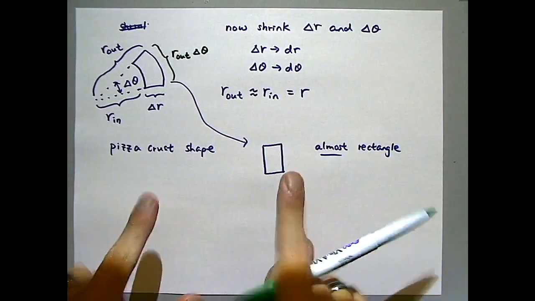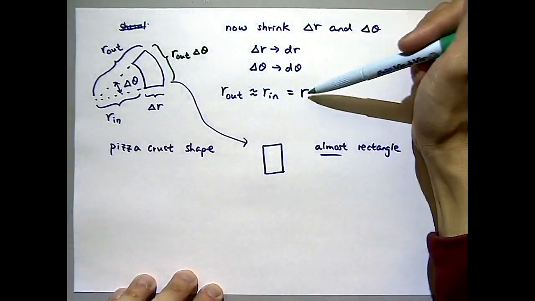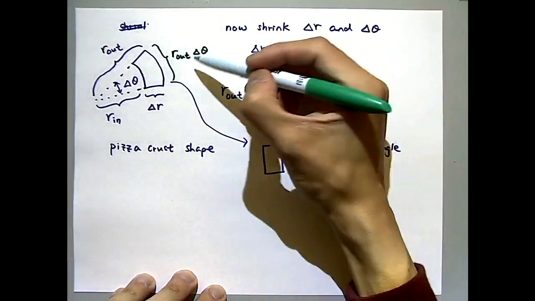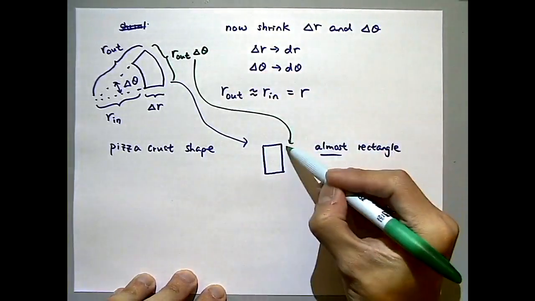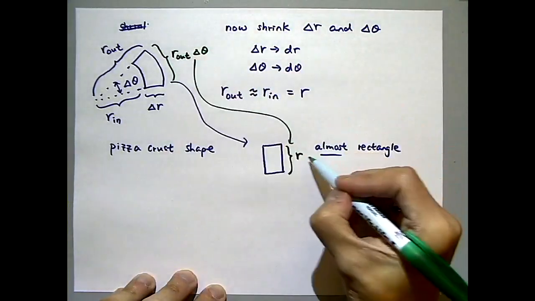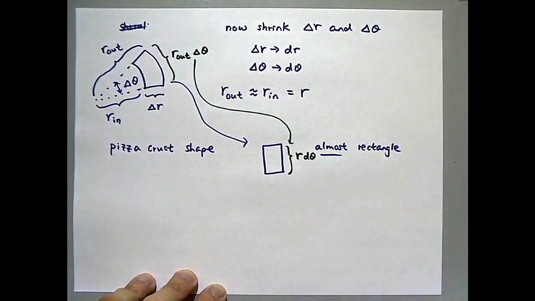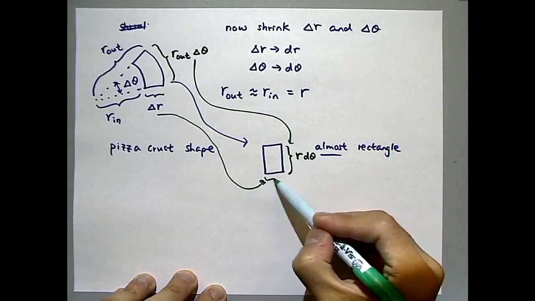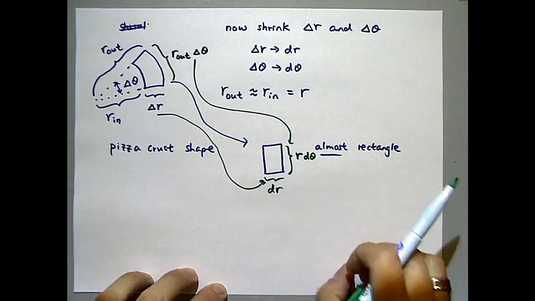Now when we shrink these things, r out and r in are roughly equal to the same thing, r. So this thing right here will become r times d theta. And then this delta r here becomes dr.